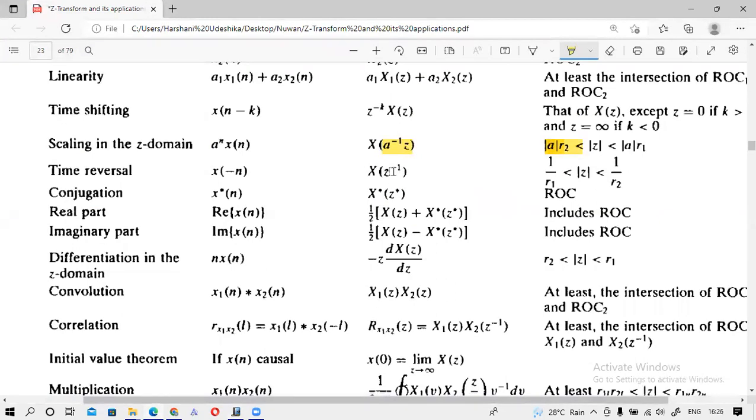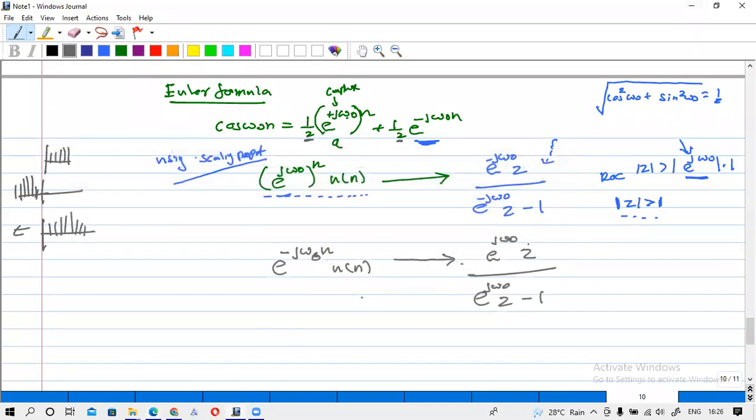Here Z will be plus, there Z will be minus. But here Z will not be changed, it is the same location. It is not minus 1 because this is not the time reverse signal. So this Z is the same as here. That is the difference.